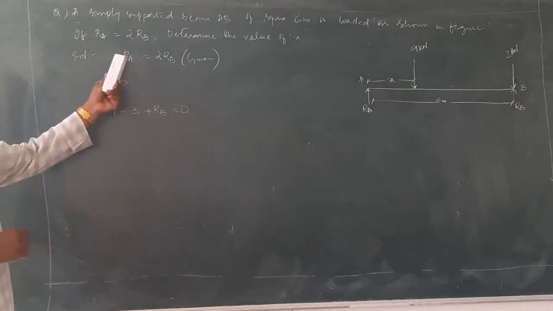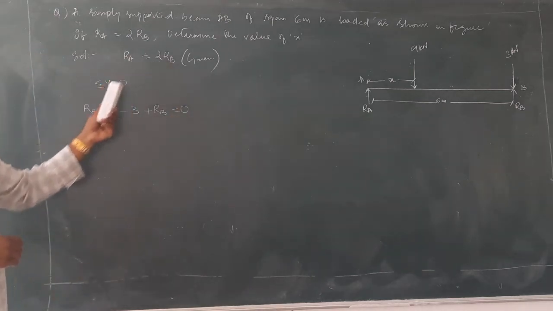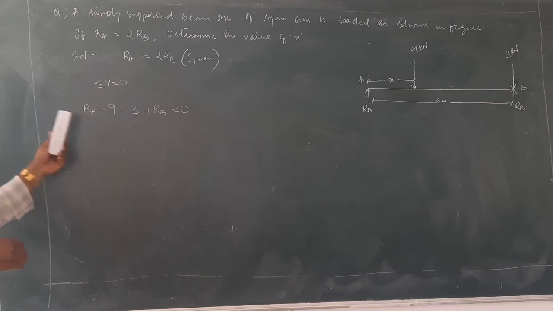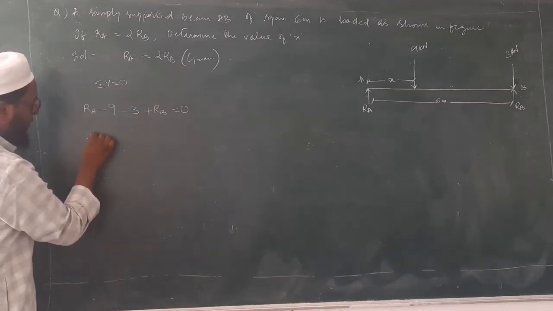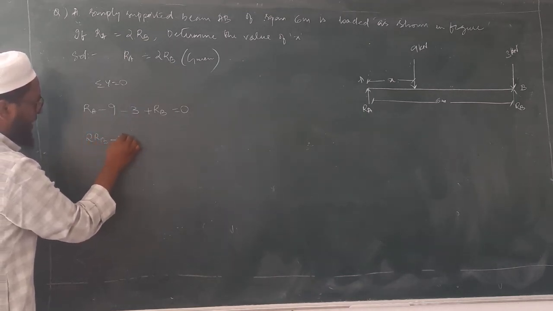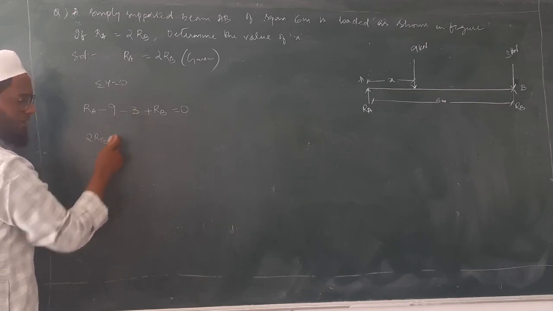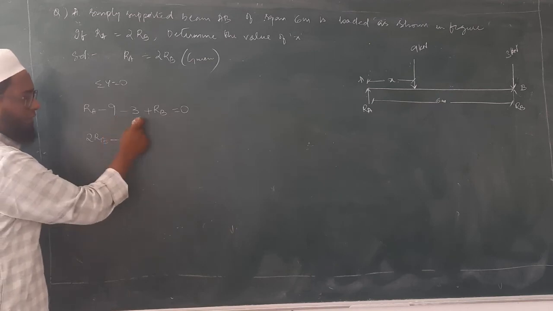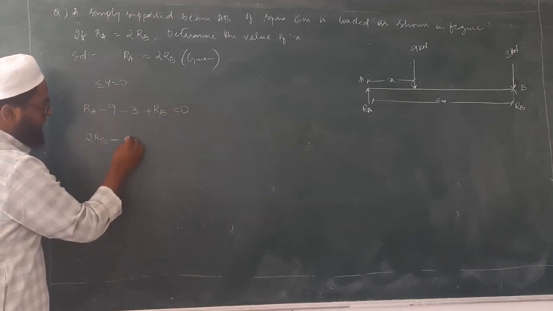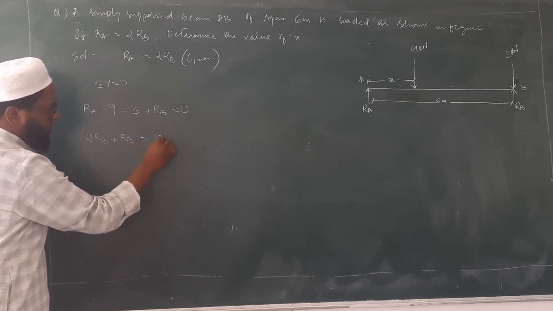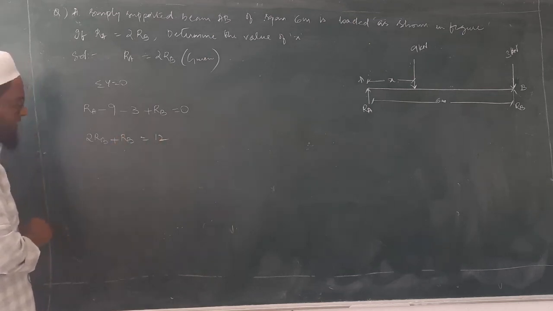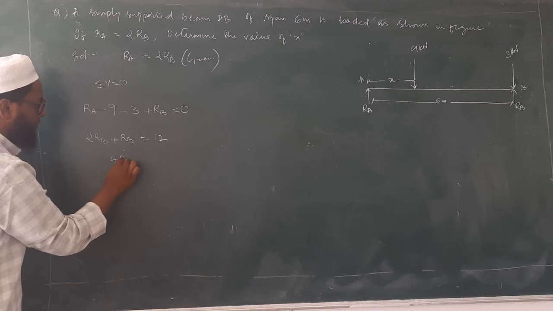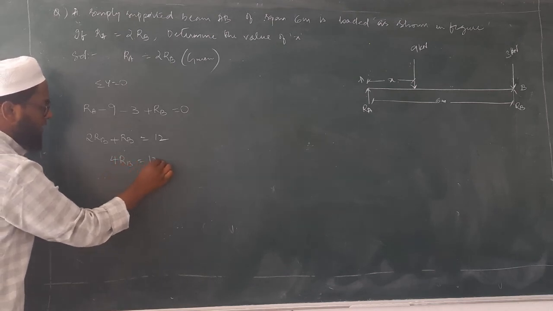We have RA is equal to 2 RB, so I can write 2 RB minus 9 minus 3, which is minus 12. Sending it across, 4 RB is equal to 12.